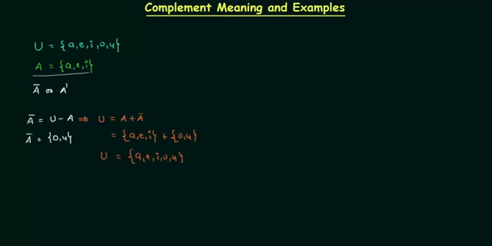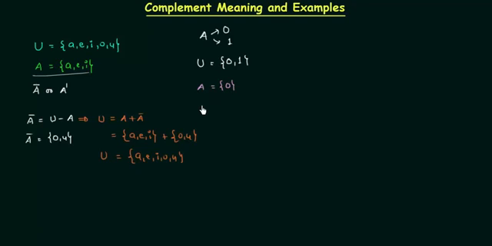If I talk about Boolean algebra, then a variable can have only two values, 0 or 1. This is something we already know, and because of this the universal set has only two elements, 0 and 1. Let's take one set having the element 0.